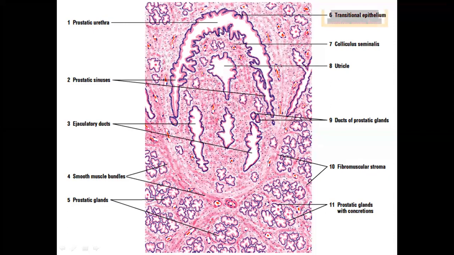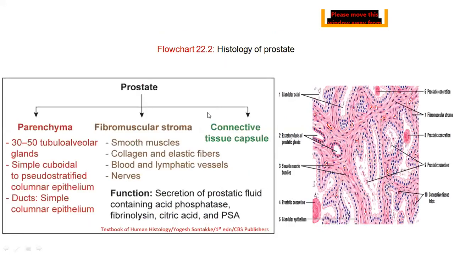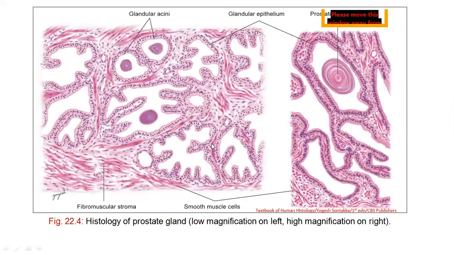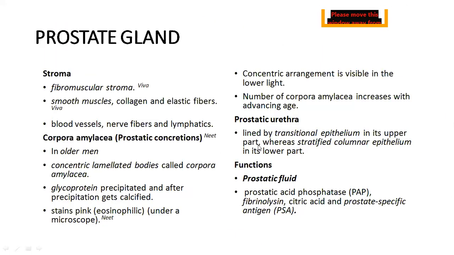So this is the prostatic urethra, which is lined by transitional epithelium. Now when you look at the histology of the prostate gland, the prostatic urethra is lined by transitional epithelium in the upper part, whereas it is stratified columnar epithelium in the lower part.